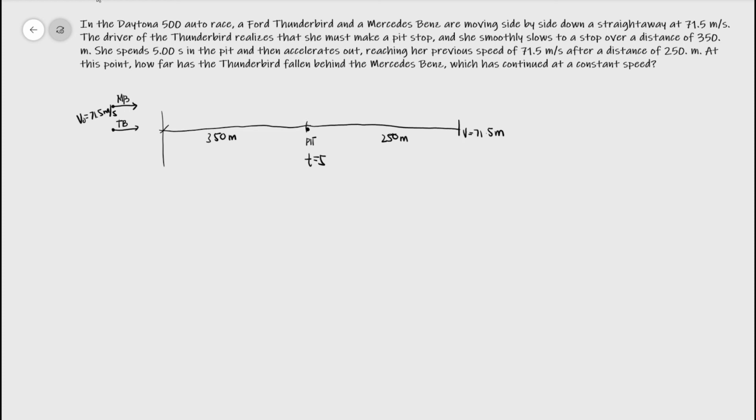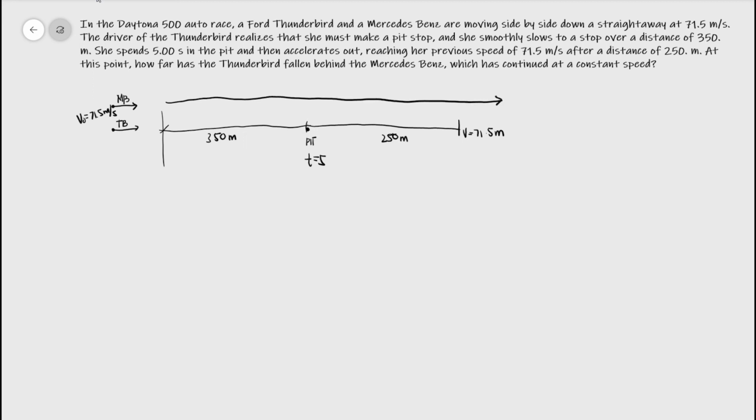The Thunderbird stops at the pit and then accelerates, reaching 71.5 after 250 meters. But the Mercedes-Benz continues moving and did not stop at the pit. Let's say this is the motion.